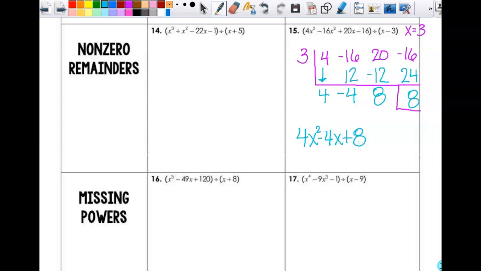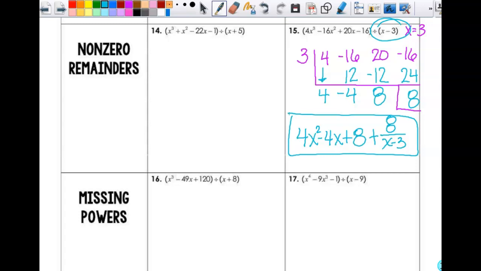And then I have a remainder. Just like before, I add the remainder no matter what it looks like. 8 in the numerator. The denominator is not 3 because this isn't actually division. It's synthetic division. It is x minus 3, which is what I was really dividing by. Okay. What questions do you have? We good?